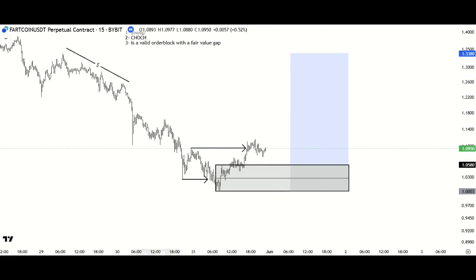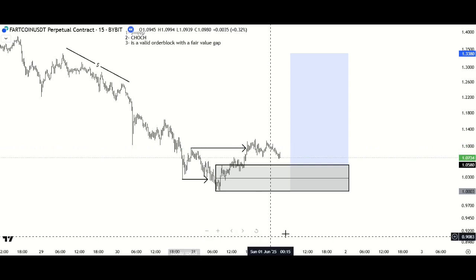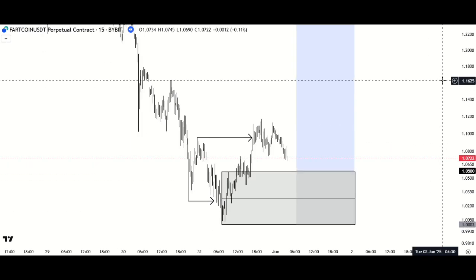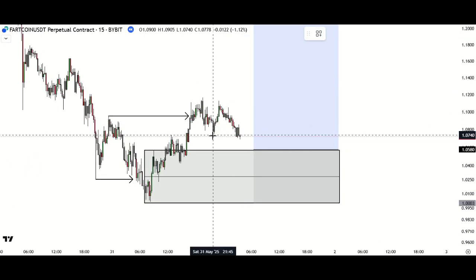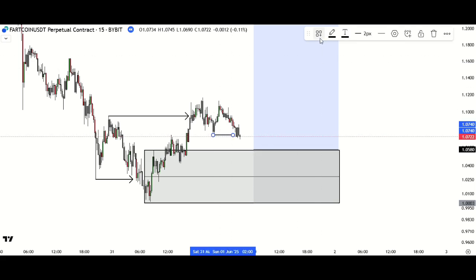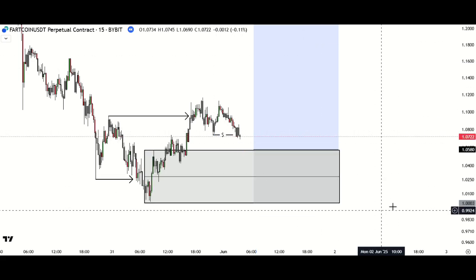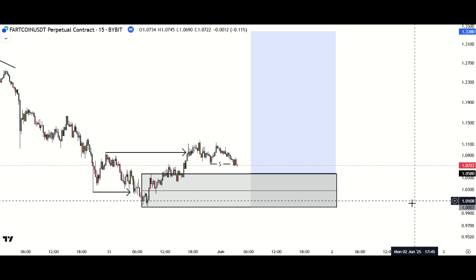Now we're just going to see how this trade plays out. So now we can see there were these lows, which were also counted as liquidity that needs to get taken out before coming into our zone. So yeah, let's keep this going.